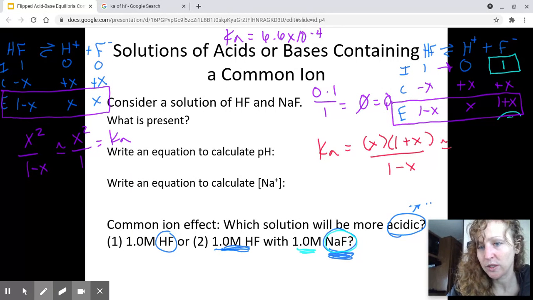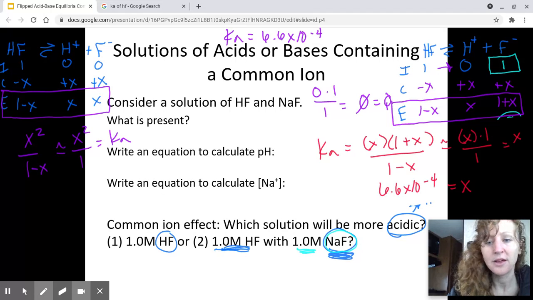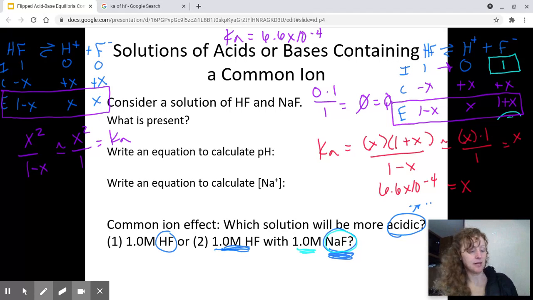Again, I'm going to ignore any x's that are added or subtracted, and I get this. So I already know my K from one side, 6.6 times 10 to the negative 4th. Let's see what the K is on the other side.